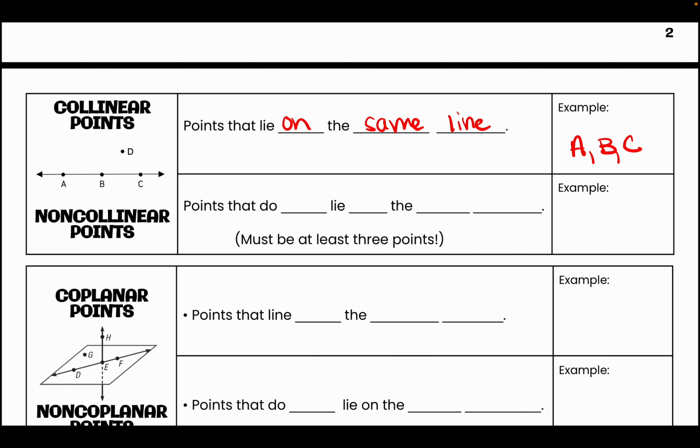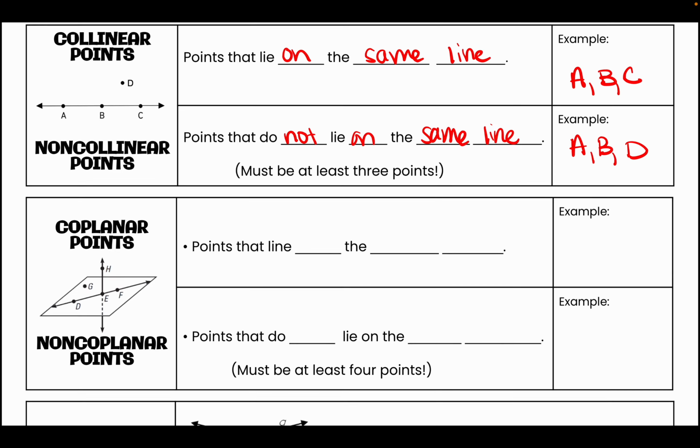Non-collinear points are points that do not lie on the same line. And we need to have at least 3 points to be non-collinear. So we could call this A, B, D. So A, B, and D are not on the same line. We could say B, C, D. We could say A, C, D. As long as we have that point D in there, then we know that they're non-collinear compared to the other 2 points.